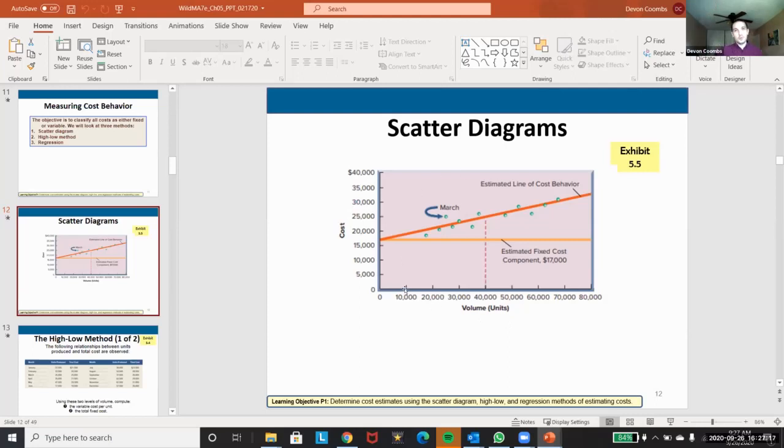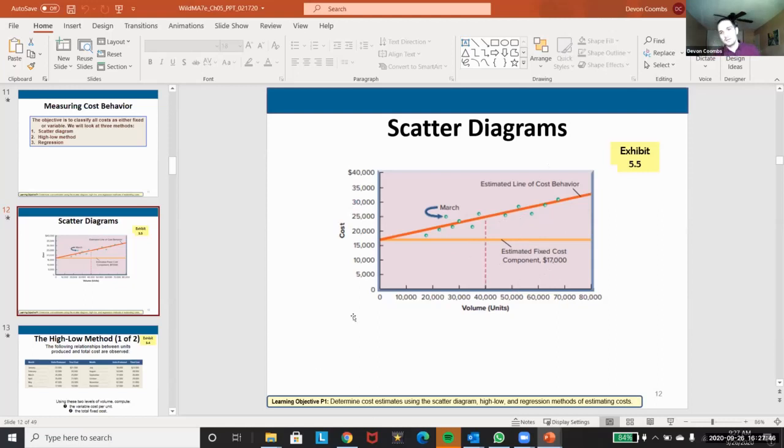So we'll look and say, okay, when we produce 10,000, or right here, we produce 20,000, and this is in March, we produced 20,000 units, it was about $15,000. When we produce 30,000 units in the month, maybe this is each data point's a month, right? And 30,000 units we produced, it cost us $25,000. At 50,000 units, it cost us $20,000, and so on and so forth, or closer to 30,000.